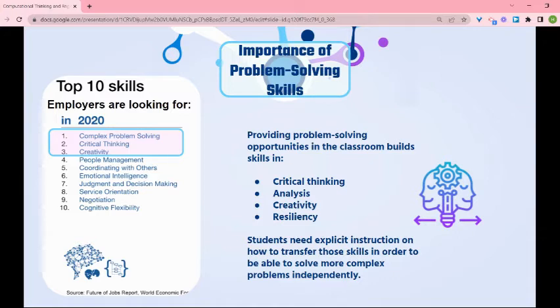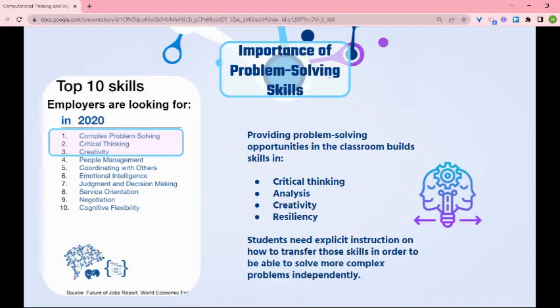And students need explicit instruction on how to transfer those skills in order to be able to solve more complex problems independently. And if that wasn't enough, if you look at the top 10 skills that employers were looking for in 2020, right there, the top three: complex problem solving, critical thinking, creativity.